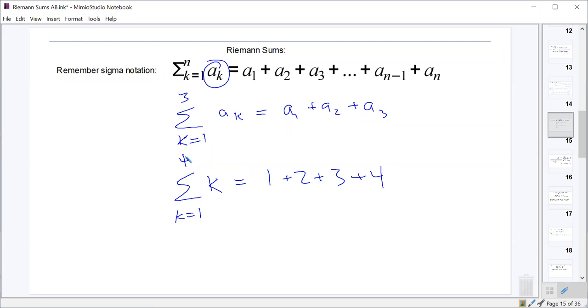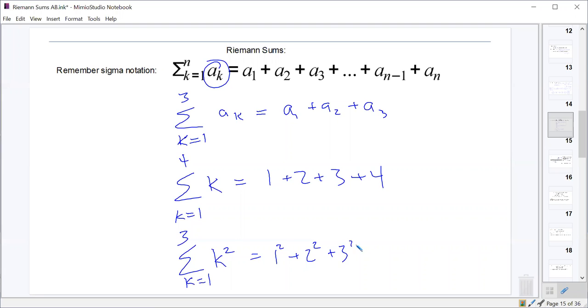Okay, good. So let's say I asked you, what was the sum from k equals 1 to 3 of k squared? What would that mean? It'd be 1 squared plus 2 squared plus 3 squared.